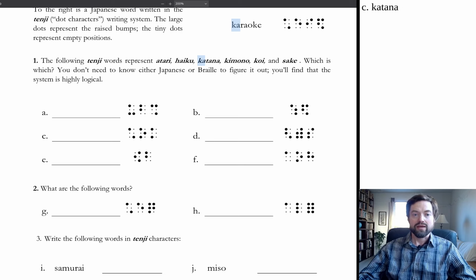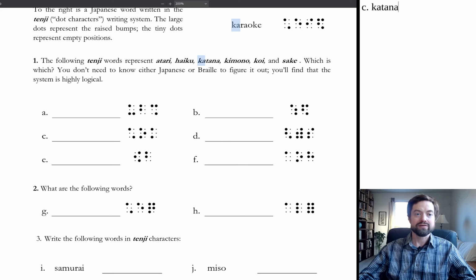Okay. And that also gives some more information, because if this is katana, we also know what ta is, and we know what na is. So is that going to help? Well, maybe not.